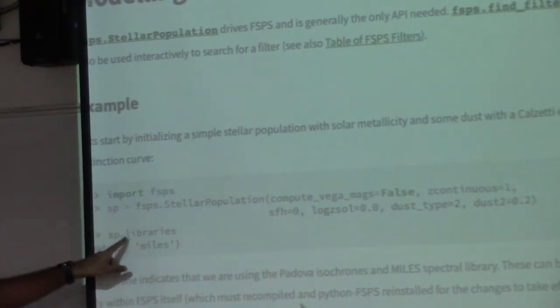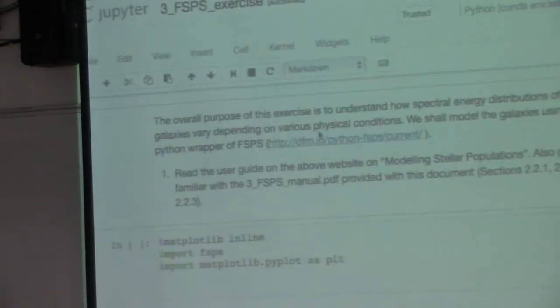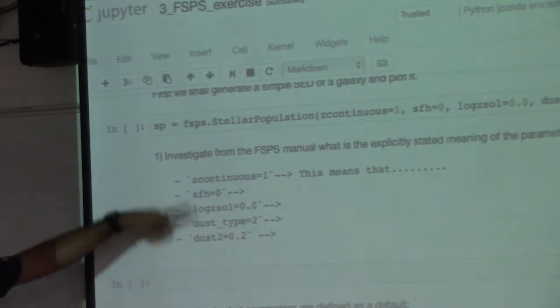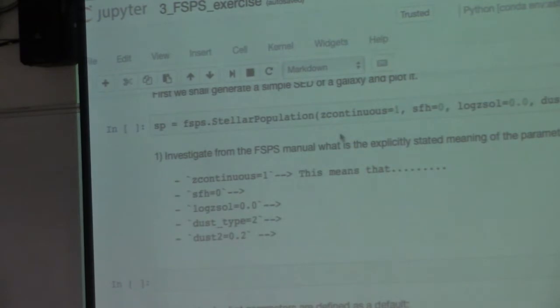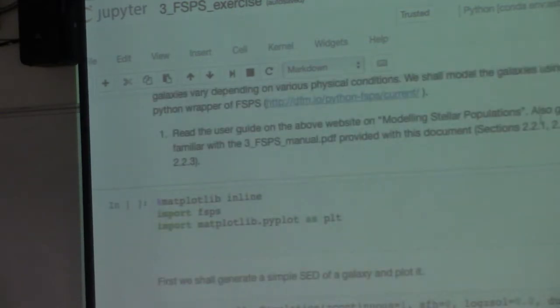Then this creates an object which you can look into later. The first thing is perhaps afterwards to go through the list of parameters and understand what each of these means, and that is in the FSPS manual folder, in the PDF under sections 2.1, 2.2.1, 2.1.2 and 2.2.3.